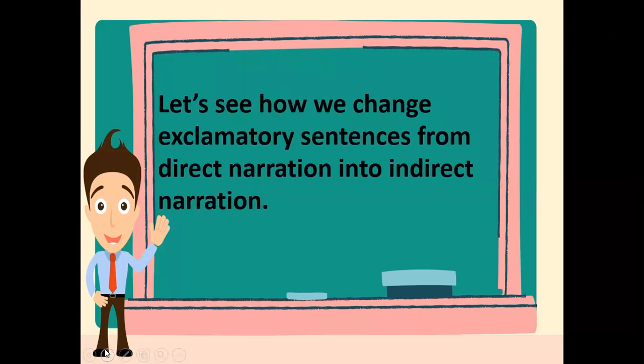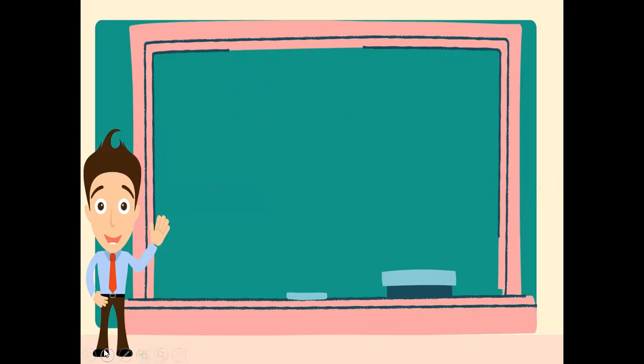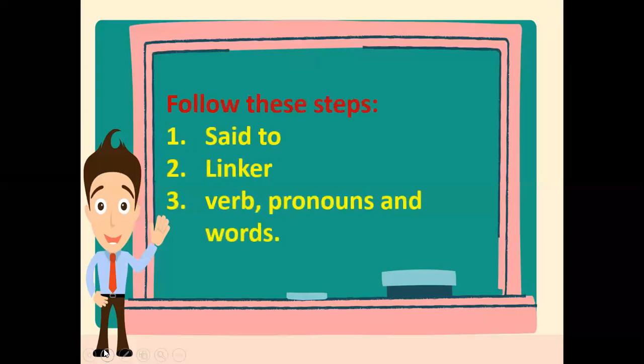Let's see how we change exclamatory sentences from direct narration into indirect narration. We are going to follow these three steps. Said to will be changed into exclaimed with joy or happiness, or exclaimed with sorrow, or exclaimed with wonder. Second point, linker. Linker will always be that.